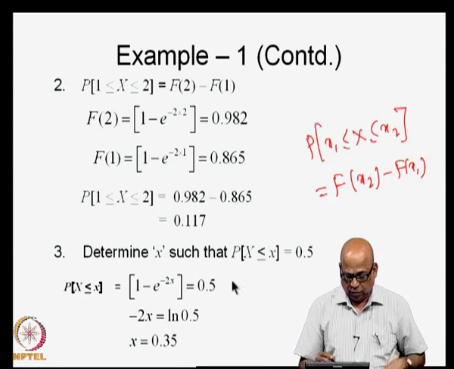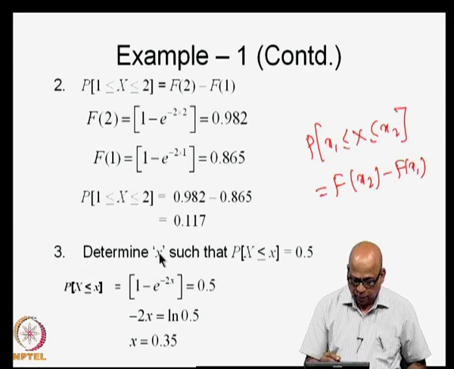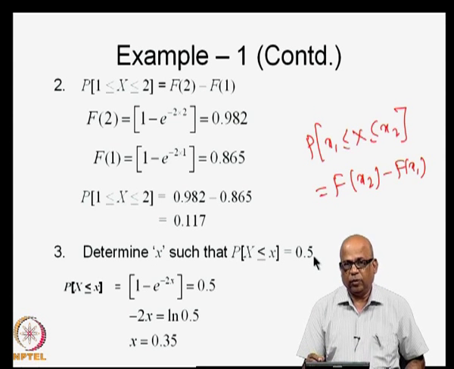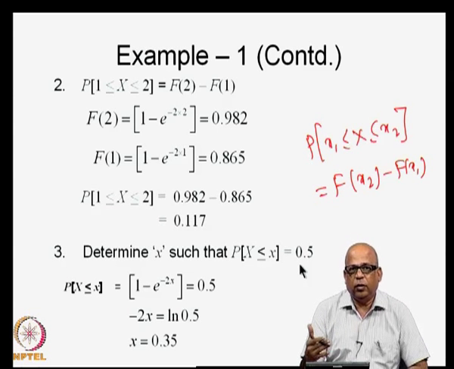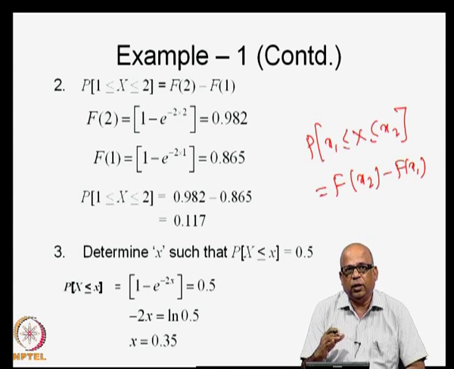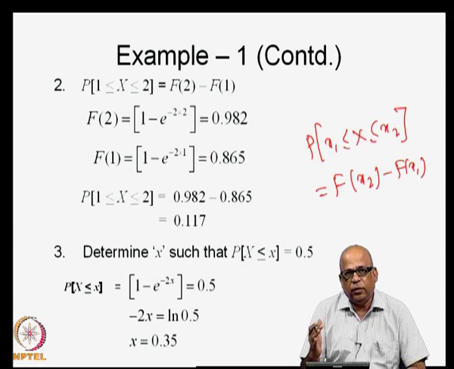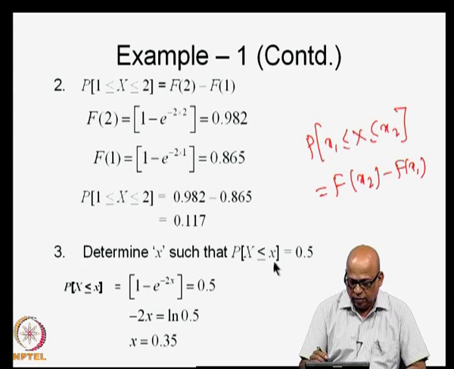Now, you look at this example now. We want that particular value such that the probability of X being less than or equal to x is equal to 0.5. Now, such problems arise in hydrology when we are talking about, let us say, the low flows, and we are interested in what is the probability that the flow will be less than or equal to a certain given value here.